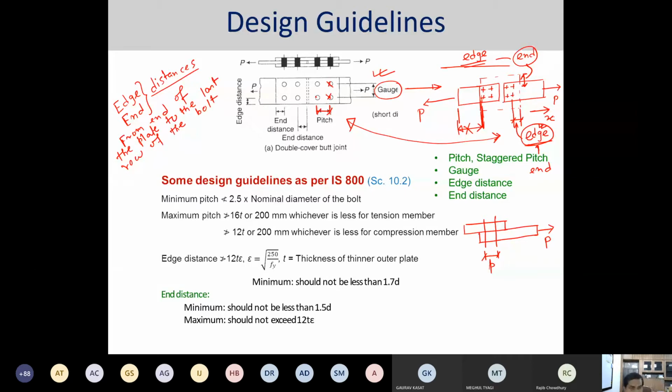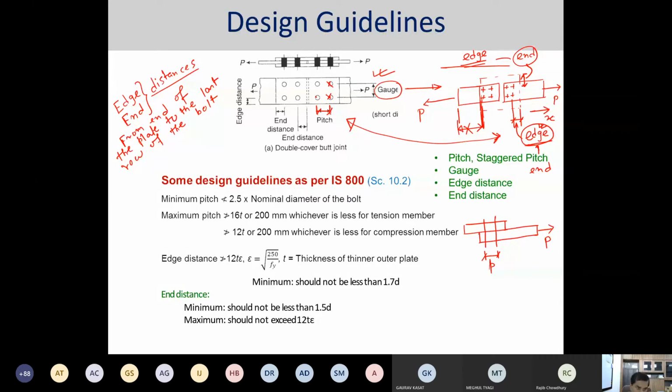This is to ensure that there is no catastrophic failure, or any failure due to shearing failure of the bolt or shearing failure of the plate. Yes, I again do agree with that.